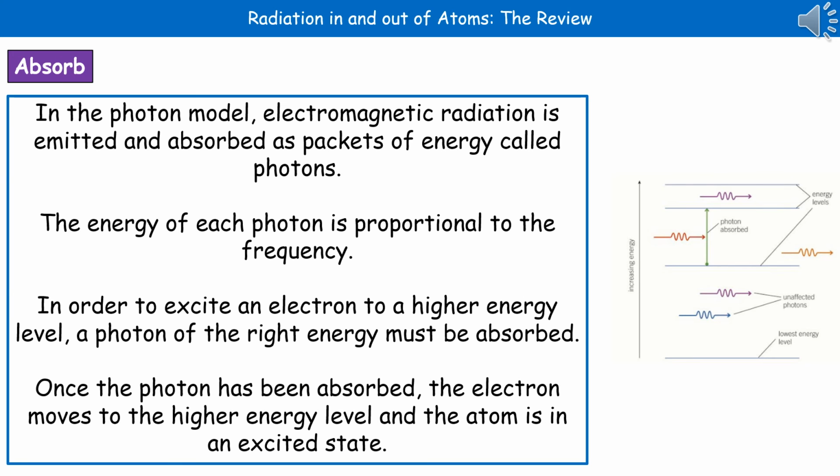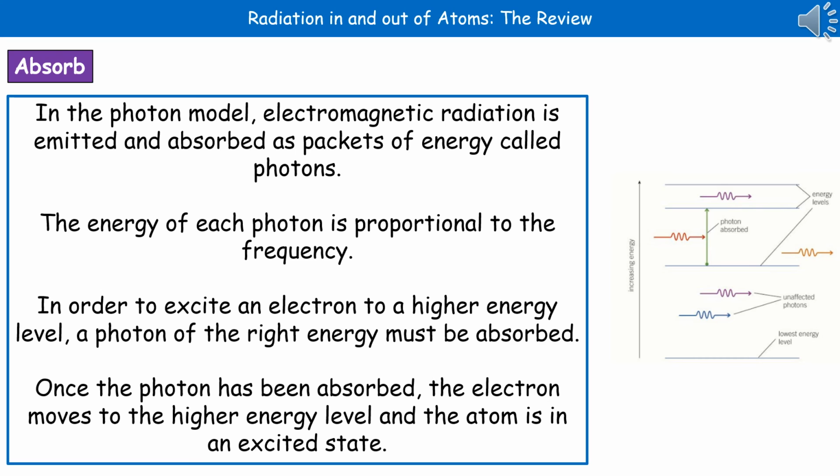What we're going to look at then is something called the photon model. In our photon model, electromagnetic radiation is emitted and absorbed as these packets of energy called photons. The energy of each photon is proportional to the frequency. So if we consider the structure of the atom, we know we've got electrons in their particular energy levels.